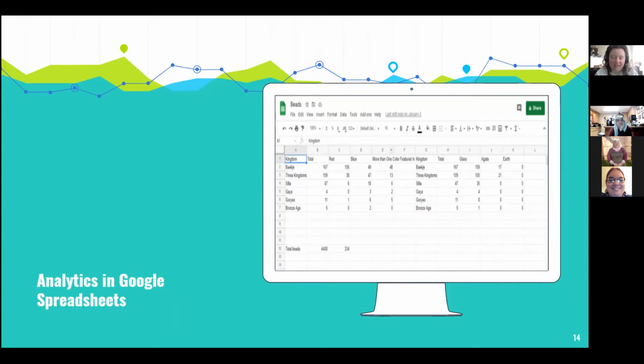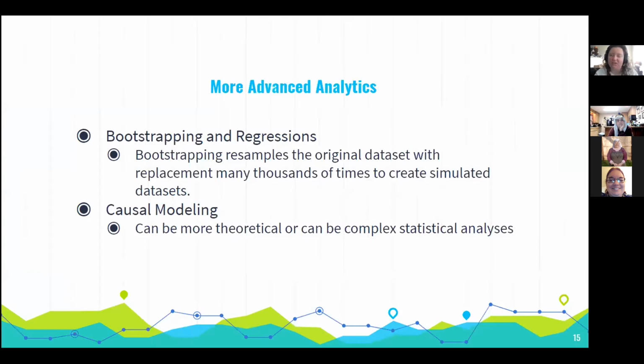And that's when we get to the more advanced analytics. There's something called bootstrapping and regressions. Bootstrapping specifically, you're resampling the original data set, and you're replacing each answer many thousands of times to create simulated data sets.